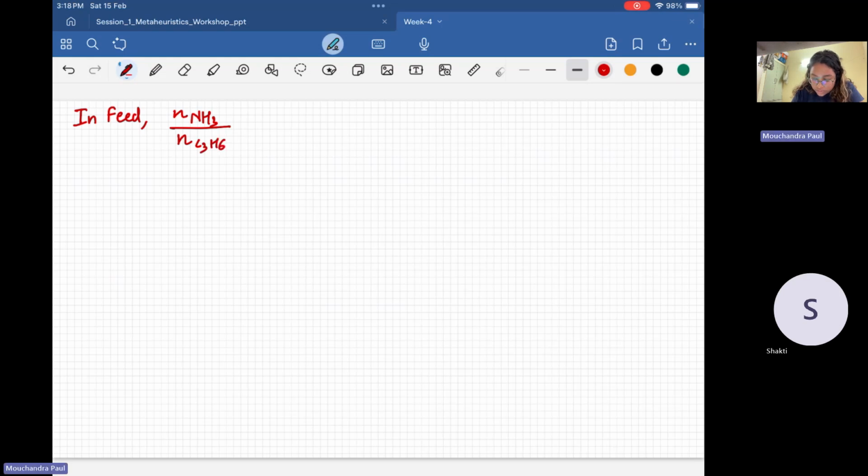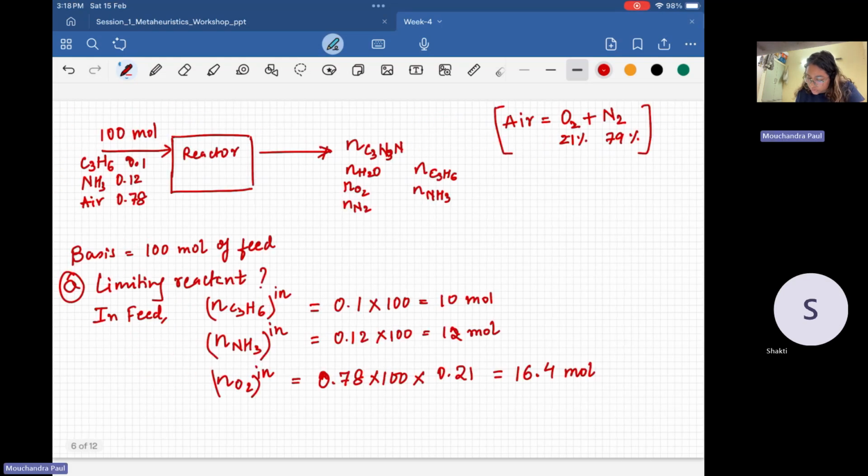You can take it the other way as well. Ammonia is 12 moles, propylene is 10, right?